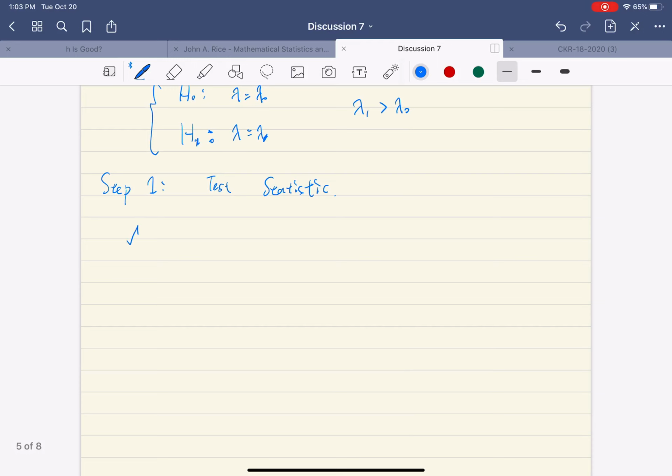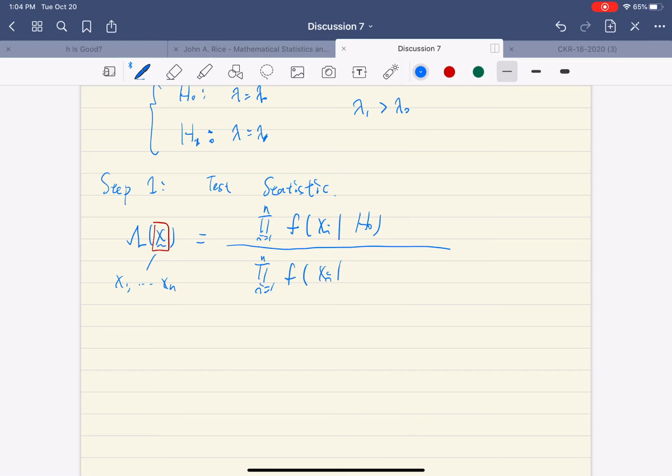Okay, I usually use this notation to denote S1 to Sn. From the definition, this is the ratio of the density of S1 to Sn conditioned on the null hypothesis, and the denominator is conditioned on the alternative hypothesis.